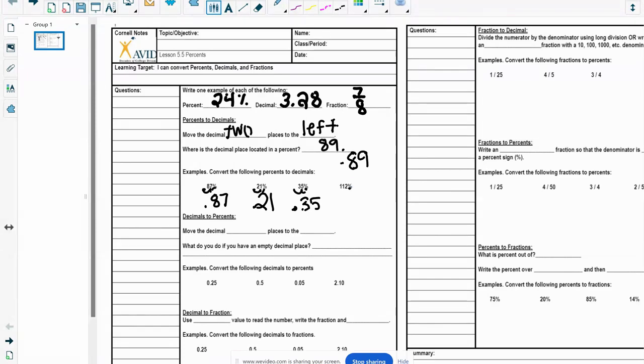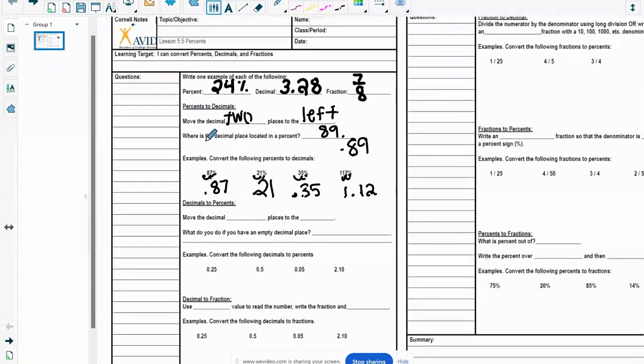So we still have to first put that decimal in, move it over twice, 1, 2, and this would be 1.12, which makes sense, right? Because 100 cents is $1. So 100% is $1, and we have more than 100%, meaning we're going to have more than $1. Okay, so that's how we make a percent into a decimal.